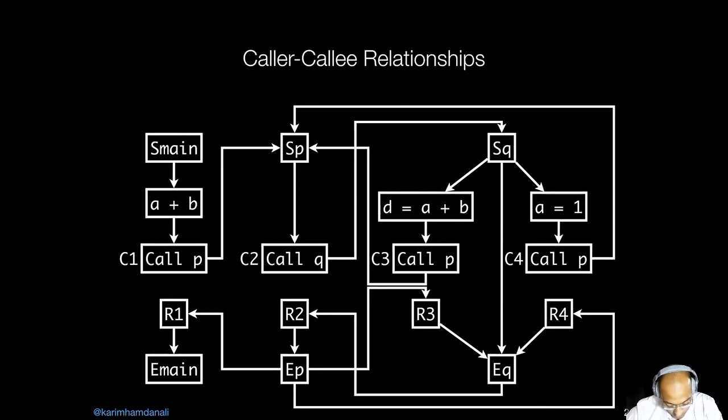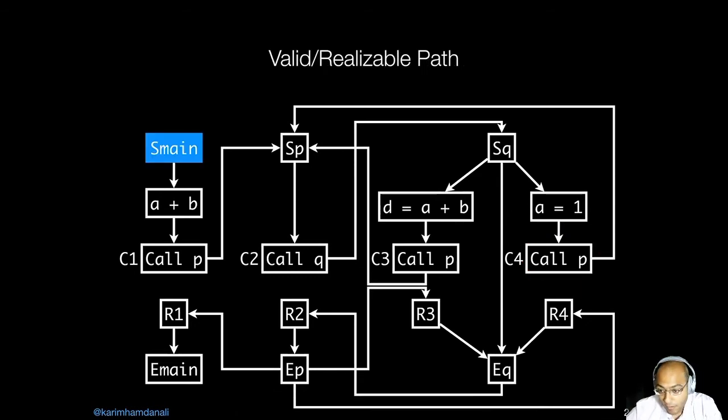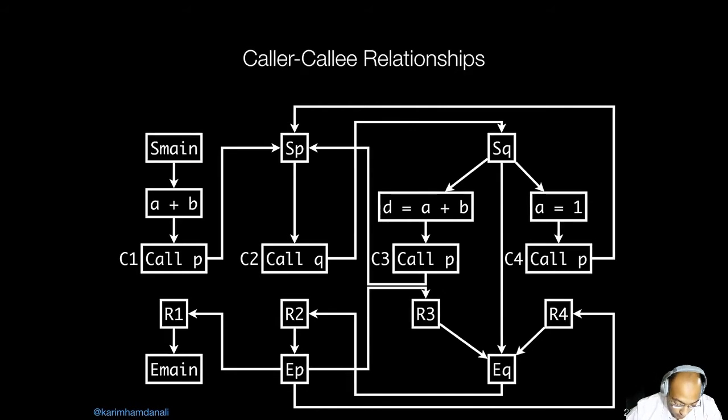The second thing is, now that I have all these caller-callee relationships, the next thing that I need to do is figure out how I am going to navigate this ICFG. There are many, many different paths in there, but I need to figure out, are there any paths that are invalid or not?